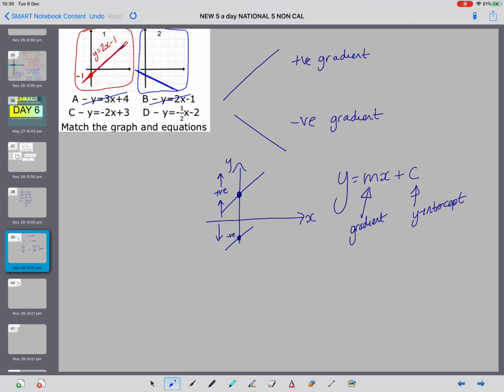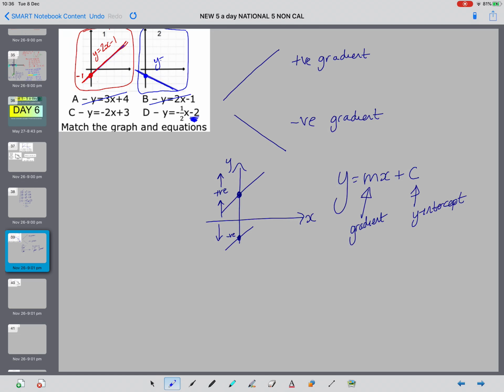The y-axis cuts it here, which actually looks like a negative 1, but I think we're really just looking for positives or negatives here. So it must be a negative. Yeah, it must be a negative where it cuts the y-axis, so it must be D.